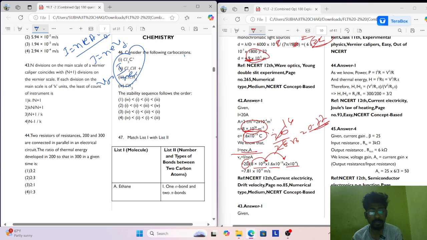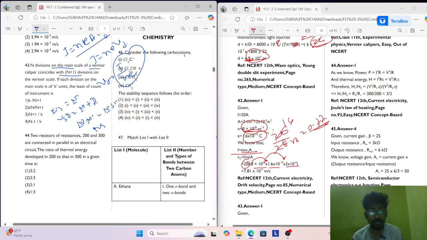In a vernier calipers, n divisions of the main scale coincide with n plus 1 divisions of the vernier scale. Okay, n MSD equals n plus 1 VSD. So 1 VSD will be equal to n divided by n plus 1 MSD.